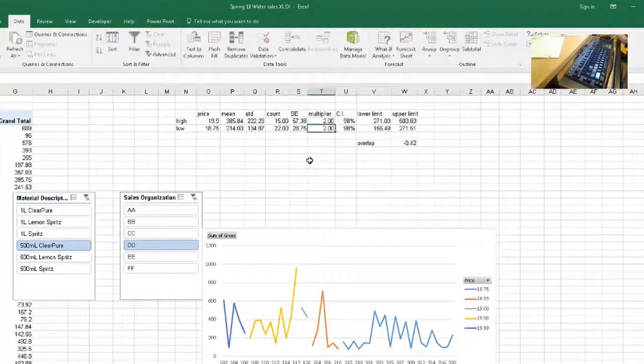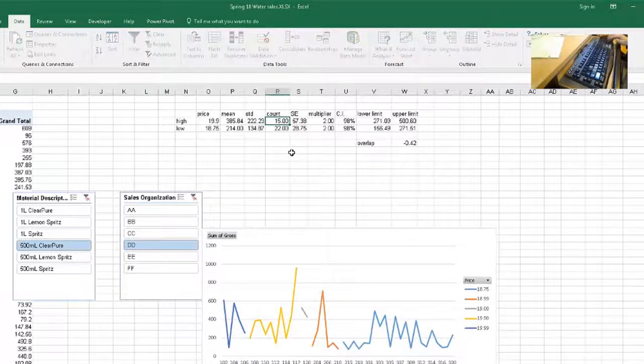Now, what if this count, which I calculate, what if I had one more sample, one more day? How would that affect the standard error and these limits here? Well, if this count increases, then the standard error decreases. It gets smaller.